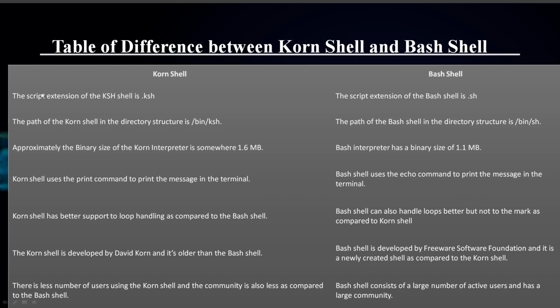Basically, starting from the file extension, while Korn shell is KSH, bash shell is .sh, and also the path directory structure, binary size for the interpreter, command to print the message on the terminal, and also supporting loops and iterations. And also there are developers: while Korn was developed by David Korn, bash shell is the Free Software Foundation's newly created shell as compared to the Korn shell.